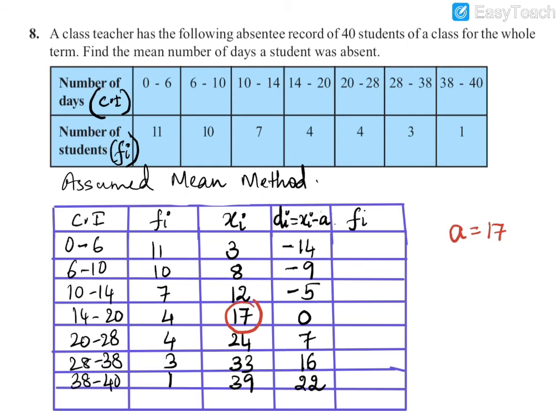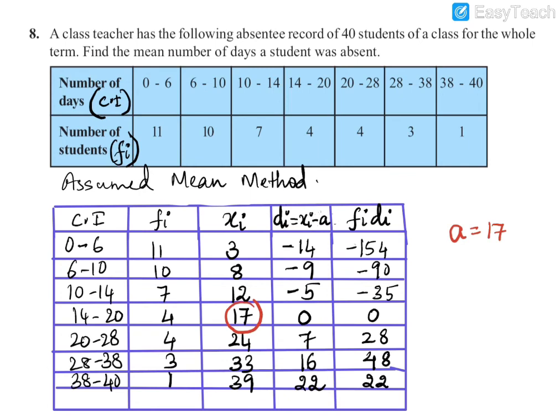Now we will find the product fi into di. So minus 14 into 11 is minus 154. Minus 9 into 10 is minus 90. Minus 5 into 7 is minus 35. 4 into 0 will be 0. 4 sevens are 28. 16 into 3 is 48 and 22 into 1 is 22.